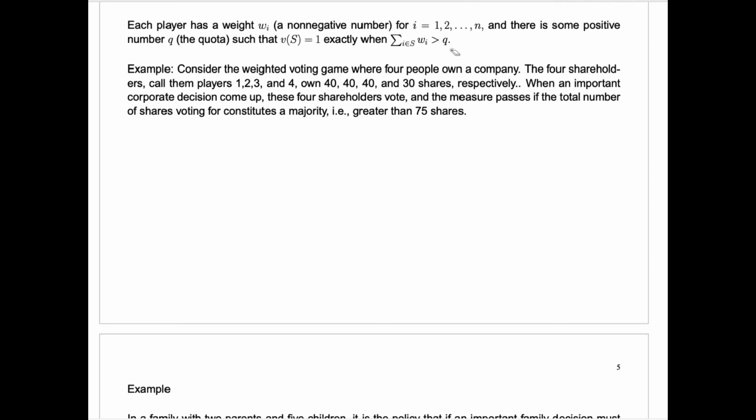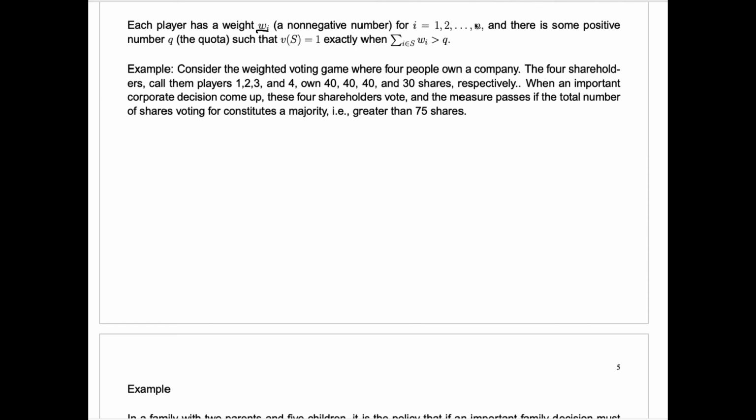Here, we want to define what we mean by a weighted voting system. Each player i, for i equals 1 through n, has a weight w sub i, which we normally demand be a non-negative number. It could be 0 if you want to give a player 0 weight, but normally it's either 0 or a positive number.